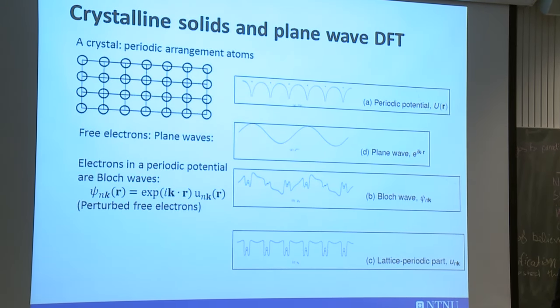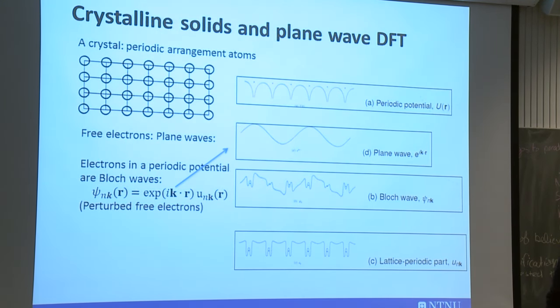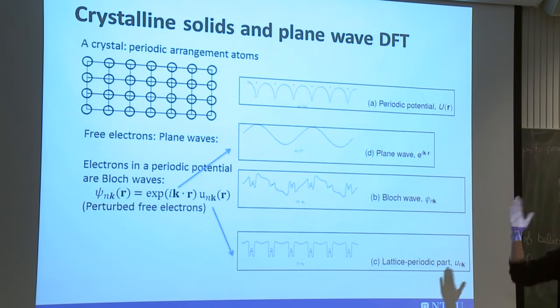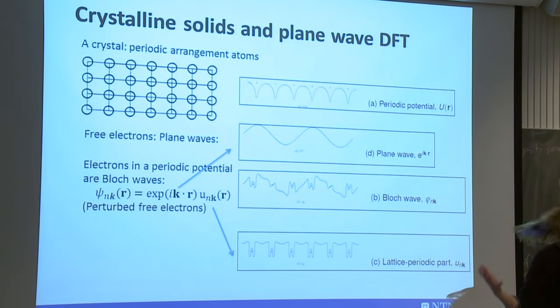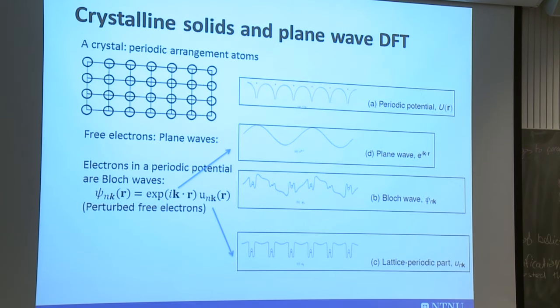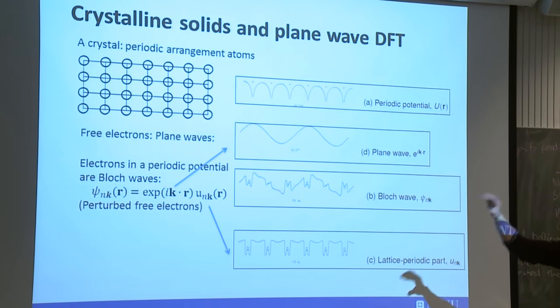So you have the still plane wave, and it's just modulated by some function, which is also periodic with the lattice. So it's basically just perturbed free electrons. That's your answer. And here is where plane wave DFT sort of comes into the discussion.